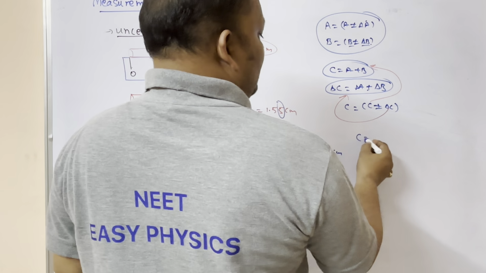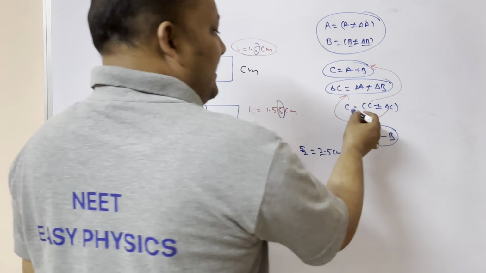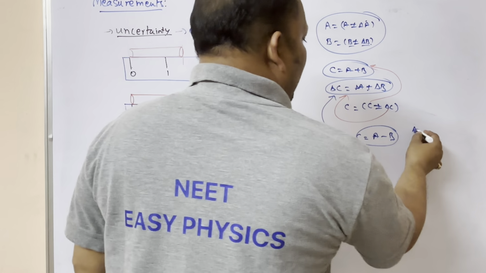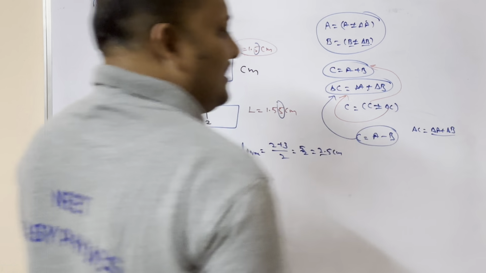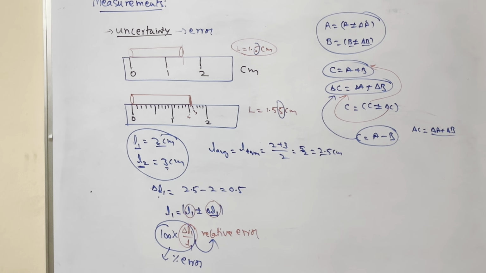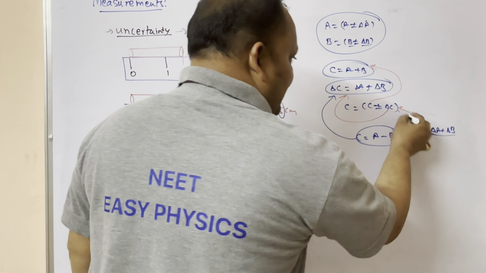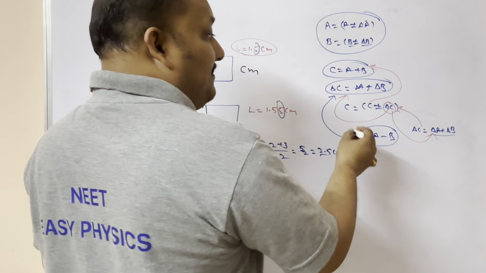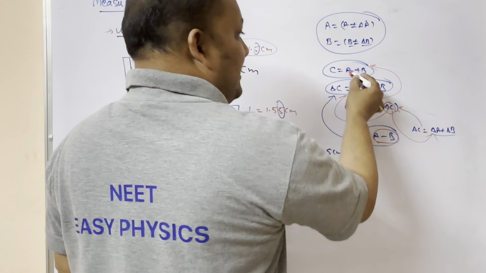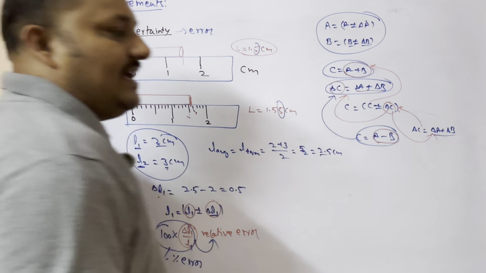If you want C is equal to A minus B, again delta C is going to be, absolute errors cannot be subtracted, therefore we will write delta A plus delta B. Then again C will be represented like this, but in place of delta C, we write delta A plus delta B. Means in case of subtraction as well as addition, absolute errors always will be added.